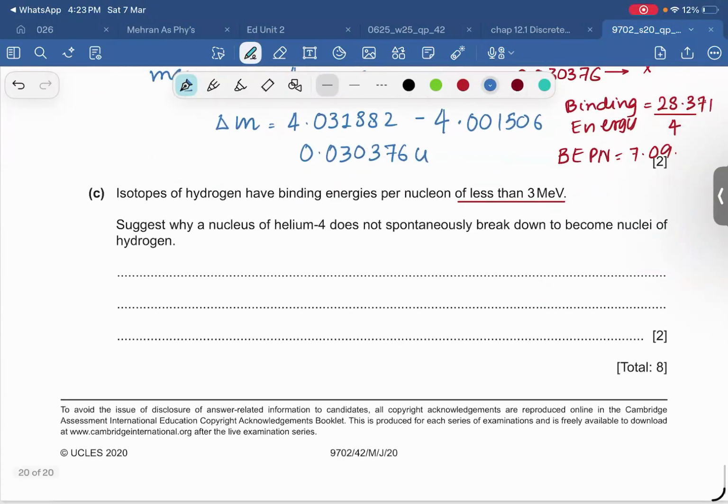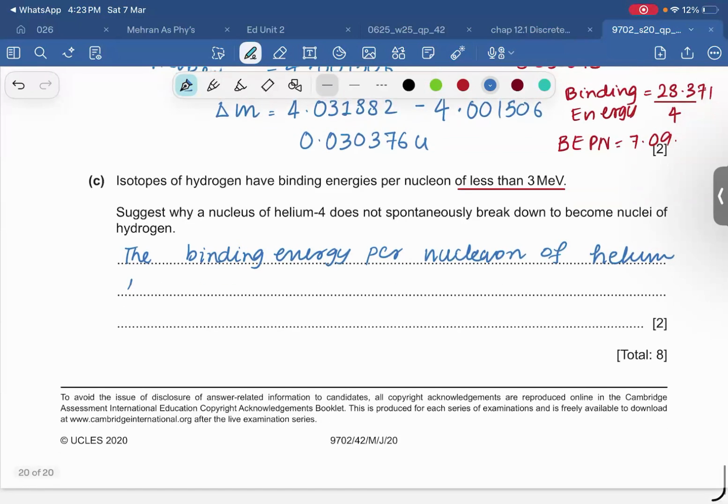So we can say that the binding energy per nucleon of helium is much greater, which means it requires a lot of energy to break.